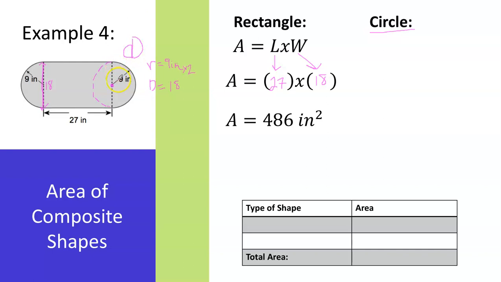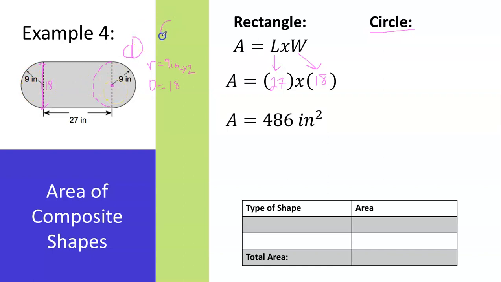But in this case, I know that these half circles are the same. The way you determine that is you just compare the radii, or you could even just compare the diameters. I'm going to compare the radii. The radius of this semicircle is 9 inches, and the radius of this semicircle is also 9 inches, so these semicircles are the same size.